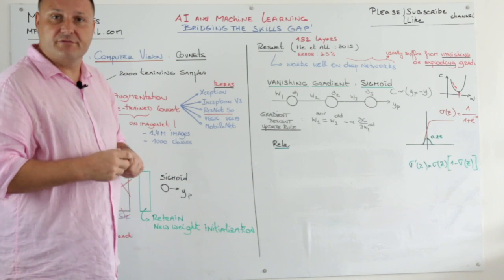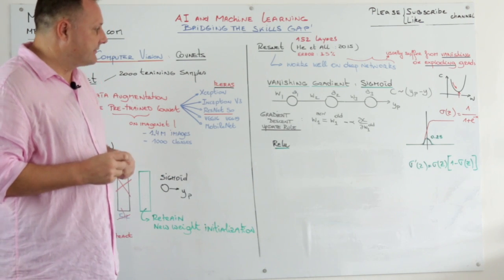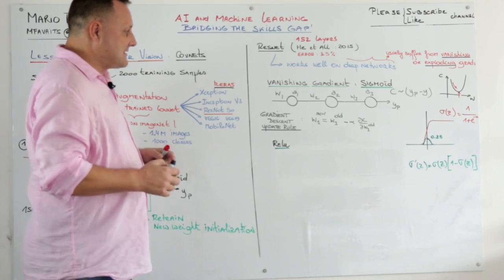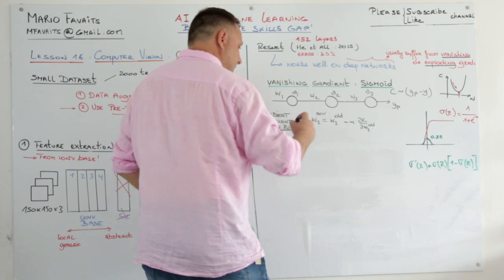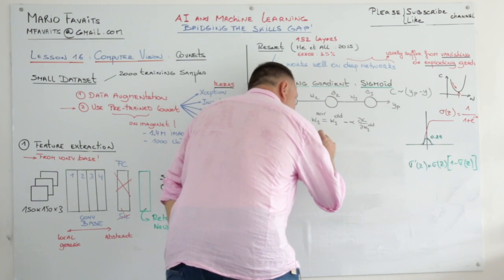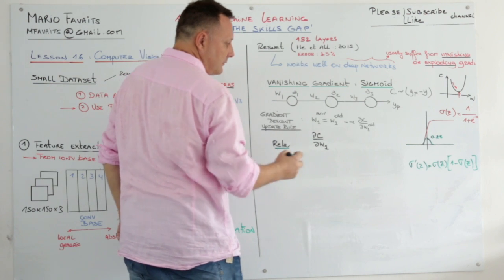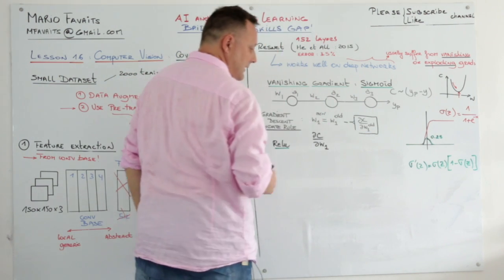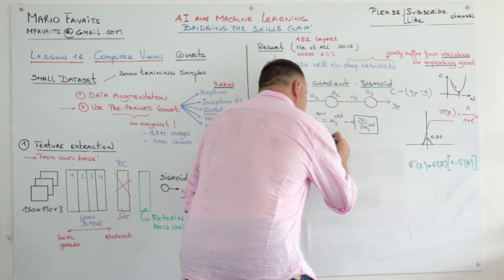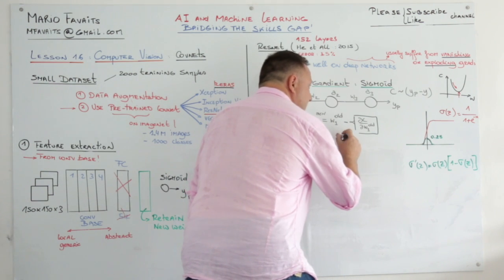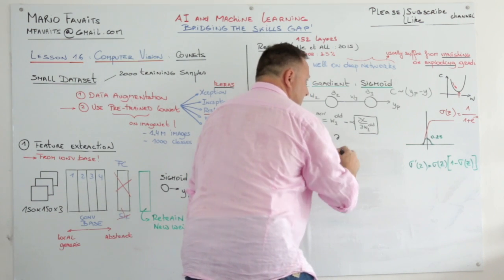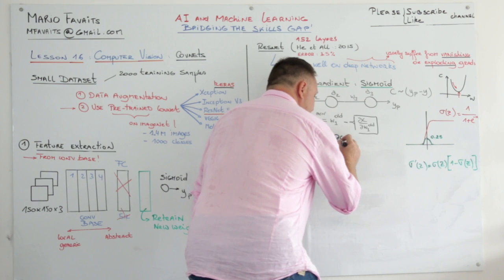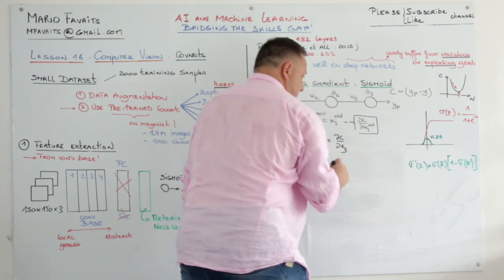We've seen that in the video on backpropagation. So if I want to calculate the derivative of the cost function with respect to W1, I will need to take the derivative of my cost function with respect to A3.